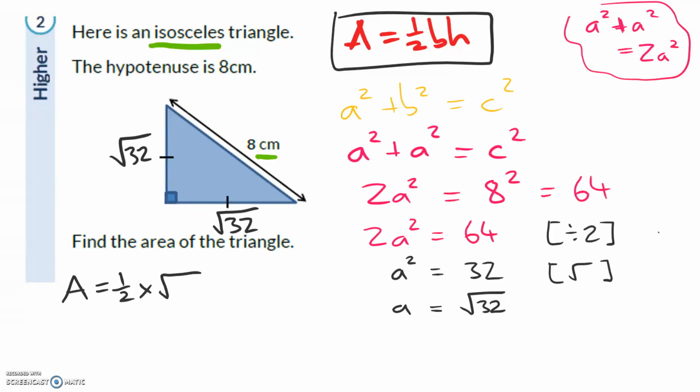The base is root 32. And we're going to do half times the base times the height. What's the height? It's root 32. Now we can simplify. Area equals half times root 32 times root 32. If we've learned our rules, or if we think this through, I reckon that's going to be the same as 32.